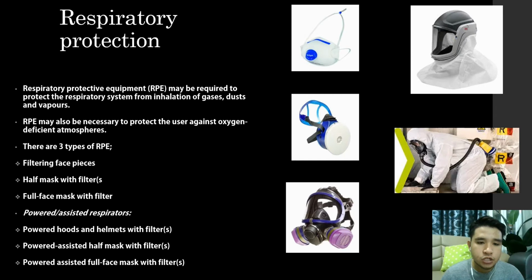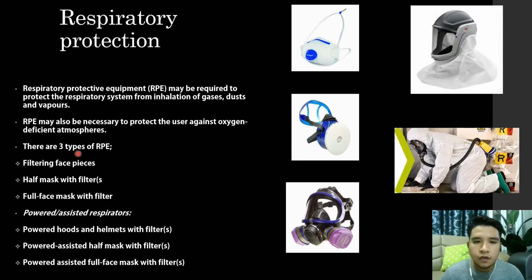respiratory protection. Respiratory protective equipment (RPE) may be required to protect the respiratory system from inhalation of gases, dust, and vapors. RPE may also be necessary to protect the user against oxygen-deficient atmospheres.